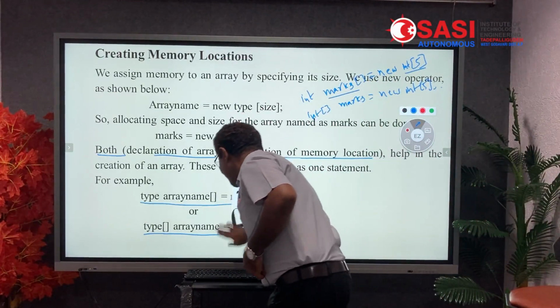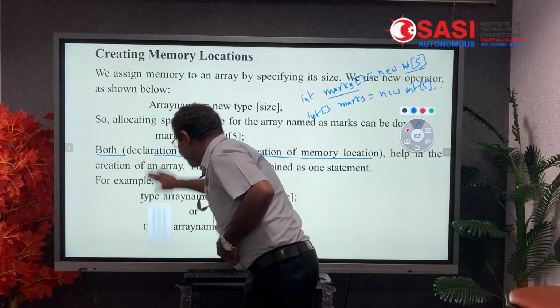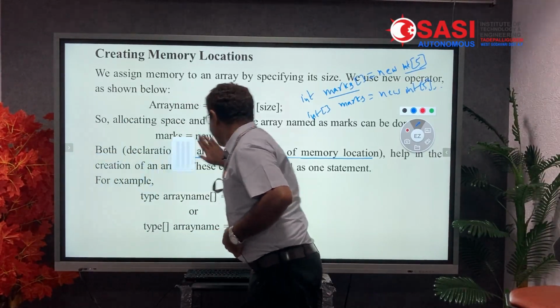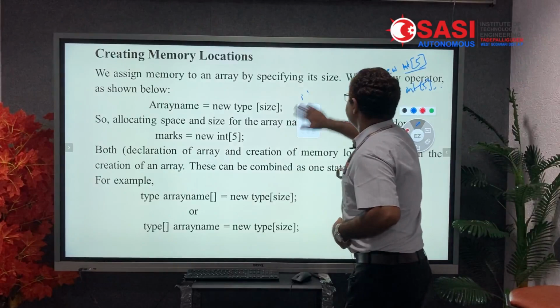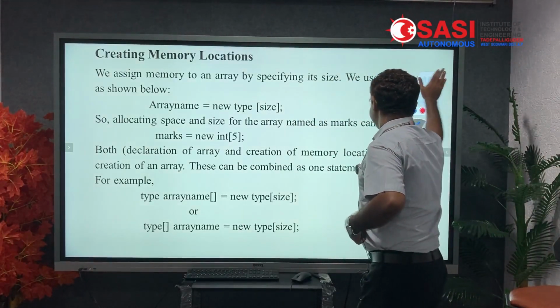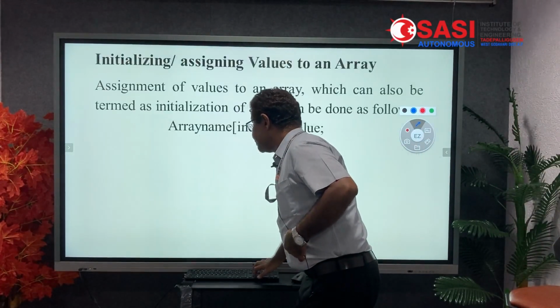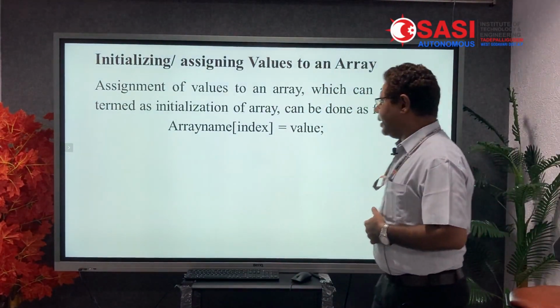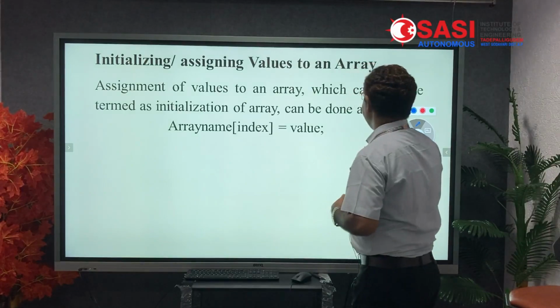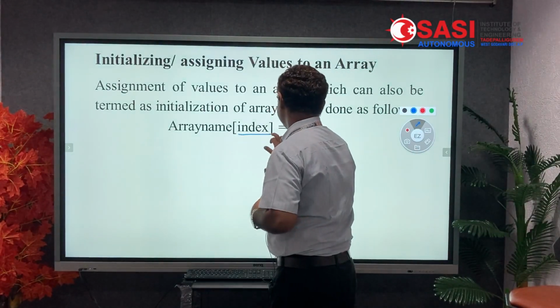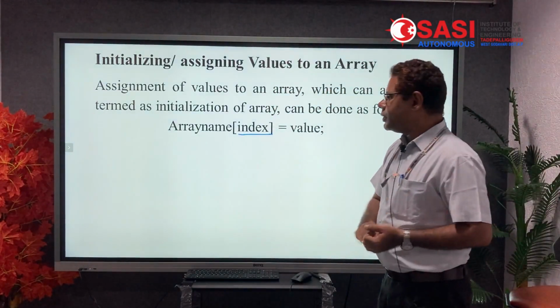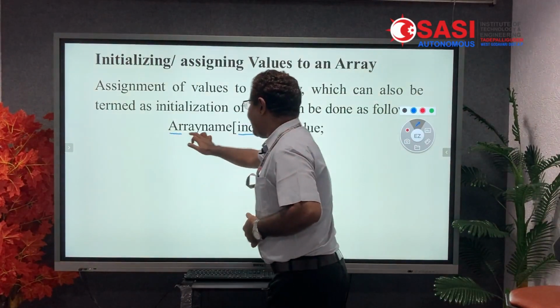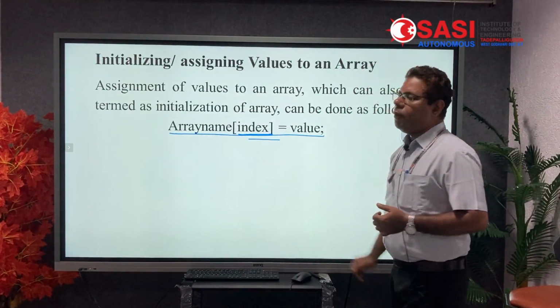Next, the third step is how we can assign values to the array. For that we use the index value. The syntax is array name of index equal to value.